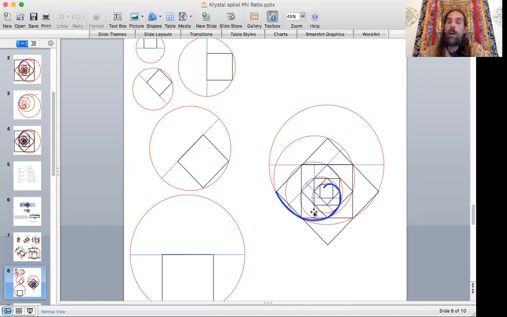I decided to do this with the full circle because I was inspired by Vladimir Nabokov's spirals of the phi spiral and the Fibonacci spirals, how he drew that of the connected circles. So I said, let's try that with this crystal spiral and see what comes up.